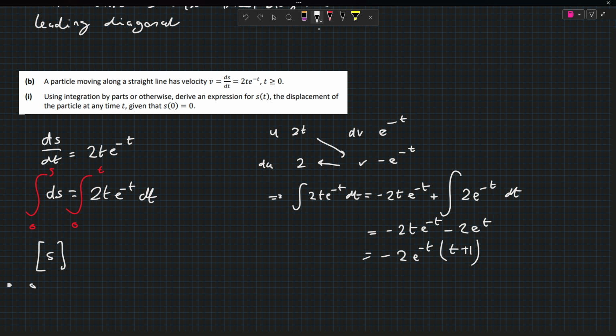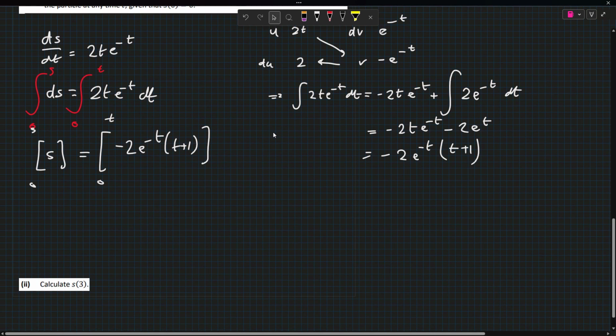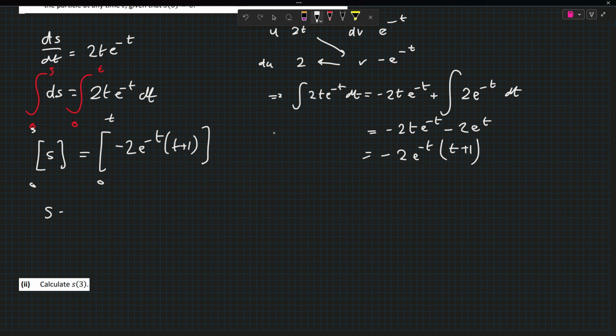Now, the integral of ds is just s. So s between 0 and s equals minus 2e to the minus t times t plus 1 between 0 and t. So this is just s equals, now evaluating this at t, minus 2e to the minus t times t plus 1, take away minus 2e to the 0 times 0 plus 1.